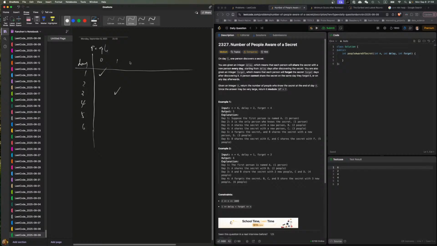On the fourth day we have this person. This one waits for 2 days and starts to tell a new person. Simulation is also not really that simple. But anyway, on the fifth day it tells this person, on the sixth day it tells this person, and this person waits for 2 days. So 5 people.